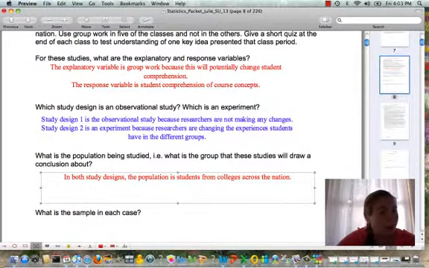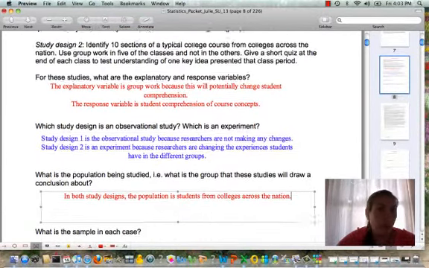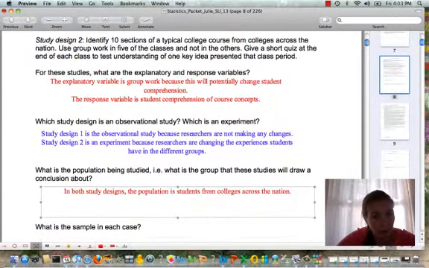Now our next question asks about what is the sample in each case. So if we look back for study design 1, the sample is the 1,000 college students that are taking part in the poll.